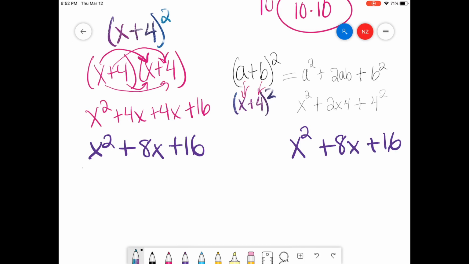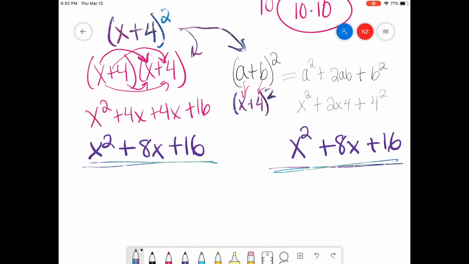As you can see, that's what I got in the beginning. They're the same thing. So whether or not you know to write it twice or the perfect square trinomial special case, you still get the same answer. You don't have to use the special case rule. However, it helps you move along in solving these perfect situations quicker.